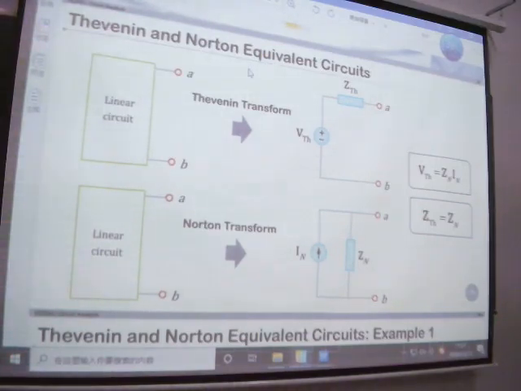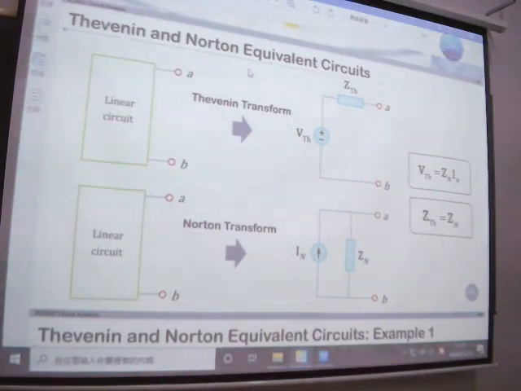Then the third and the fourth, we also need to enable the independent source and apply a current source or voltage source, and then take the U over I, and we get the value of RTH.